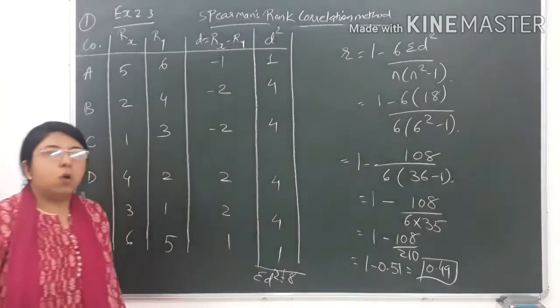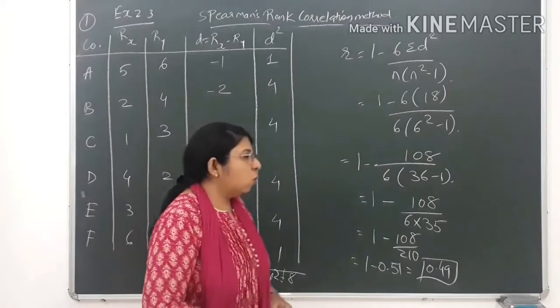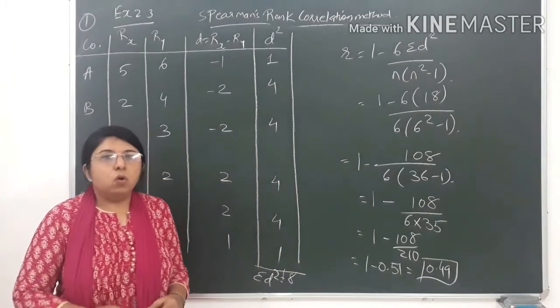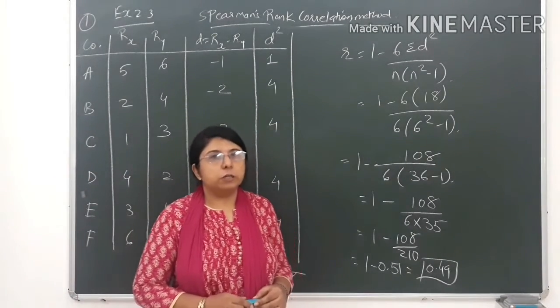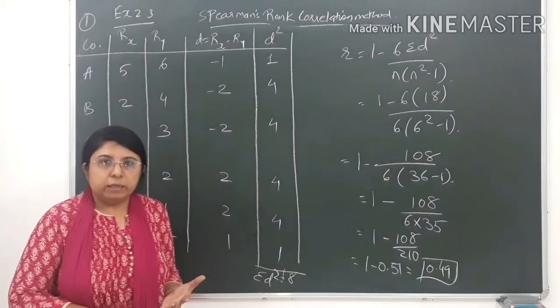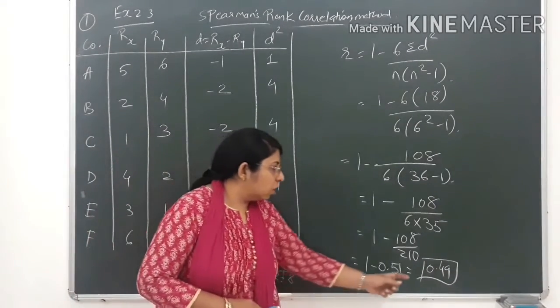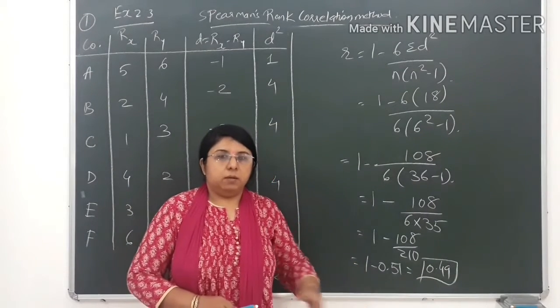Over here again revising the properties of the correlation coefficient: the value of R can never be more than 1. That property applies to all three methods of correlation coefficient: the scatter diagram method, Pearson's method, and Spearman's rank correlation method.